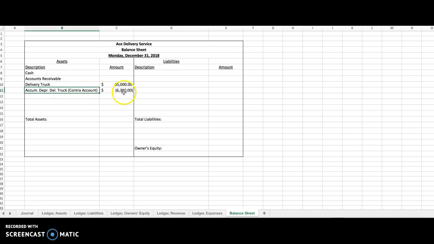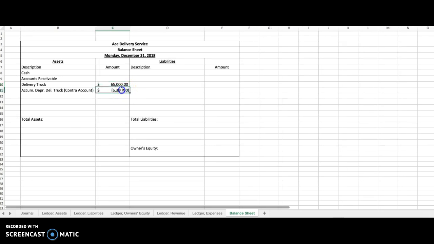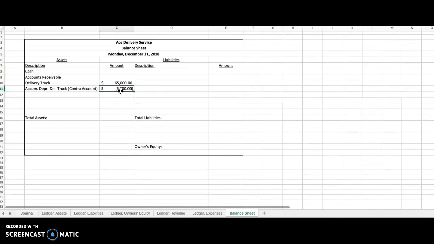Accumulated depreciation, which was a credit back in account number 103.5, is 6,300, and you can see how much it has declined in value. If this was December 31, 2019, the accumulated depreciation will be double this, will be 12,600. So you can see each year that will increase, showing us that the original value minus the decrease in value because of depreciation will show a lesser amount for that delivery truck.